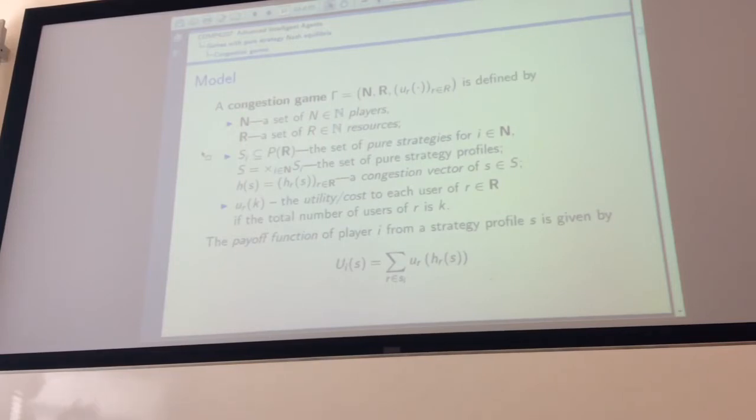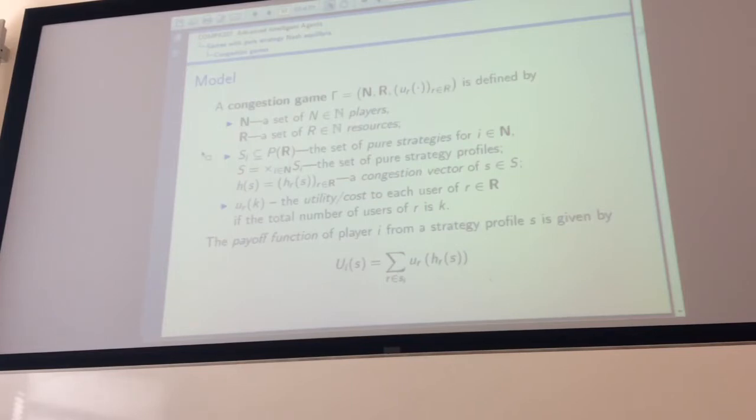And a given agent would only consider those paths that go from his source to his destination. Okay, so it doesn't have to be the same for all. So it's just some sub-collection of subsets of the resources. As before, the combination of strategy spaces would give us the set of strategy profiles.